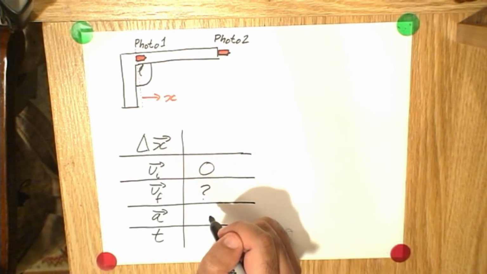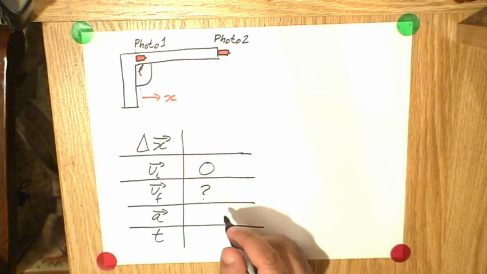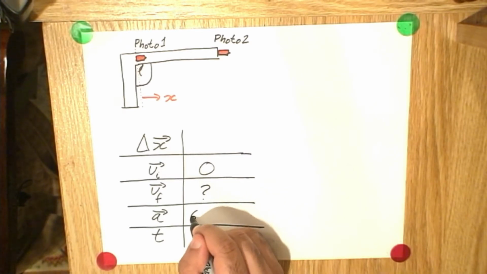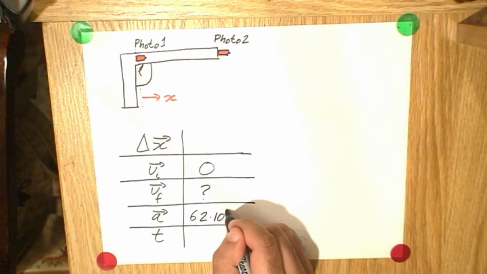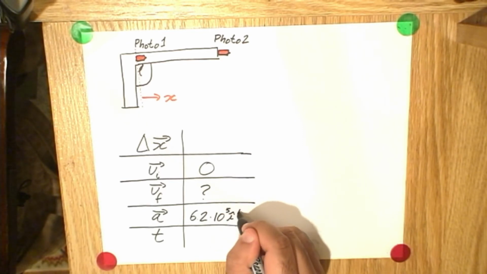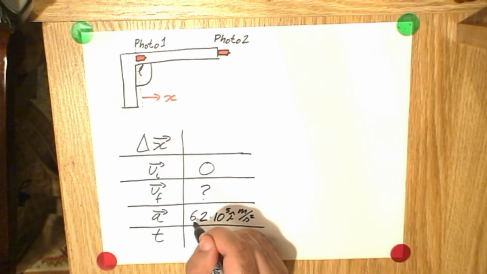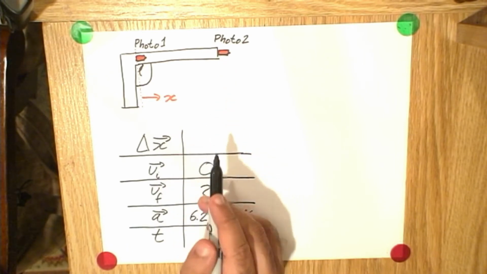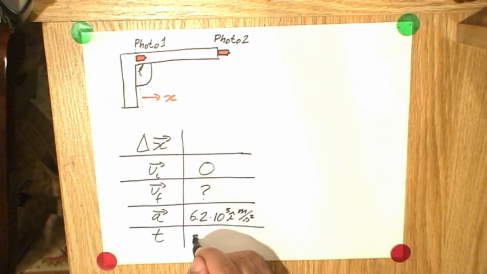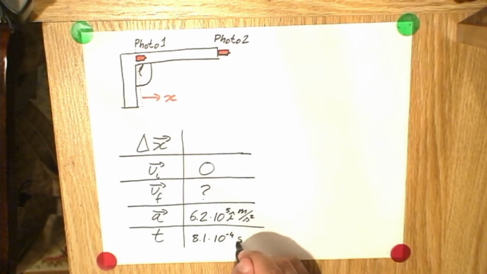And we were more directly told that the acceleration of the bullet is 6.2 times 10 to the power of 5 i hat meters per second squared. And the time that it takes for the bullet to get accelerated was 8.1 times 10 to the negative 4 seconds.